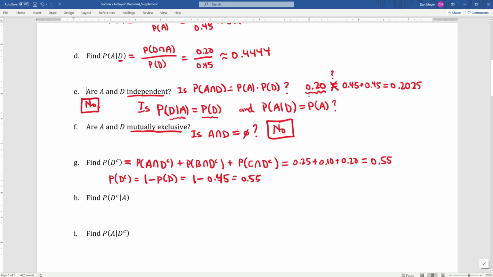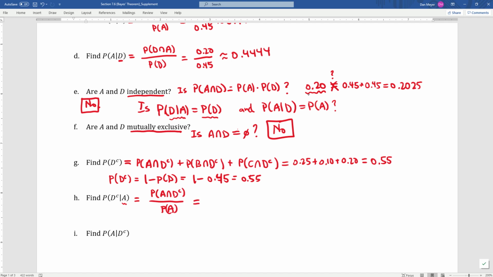In part H, we have the probability of D complement given A using a basic conditional probability formula. That would be the probability that A and D complement happens divided by the probability of A. A is our conditional event here.